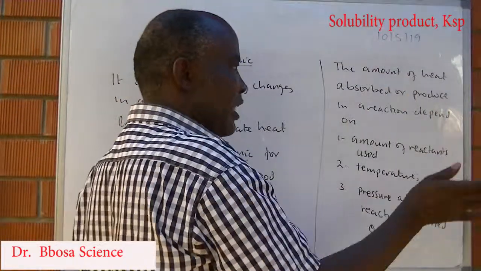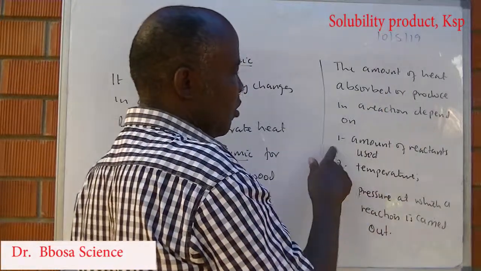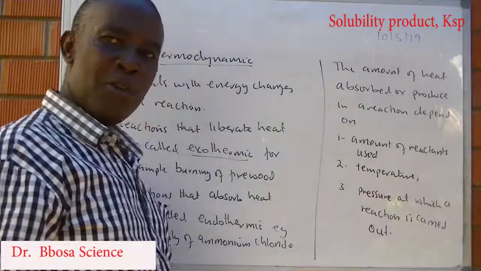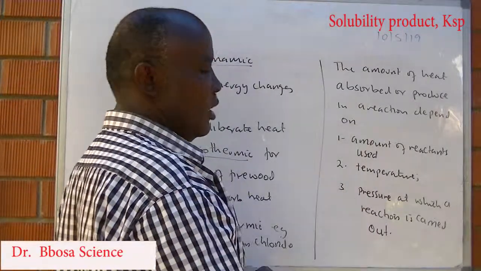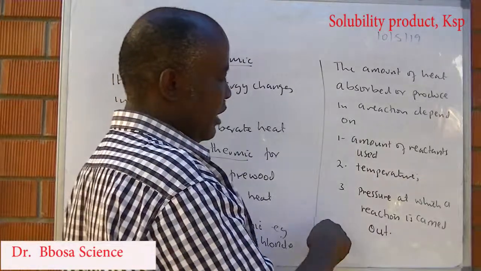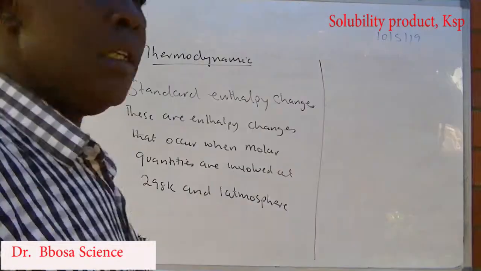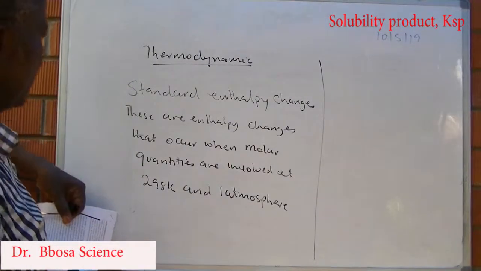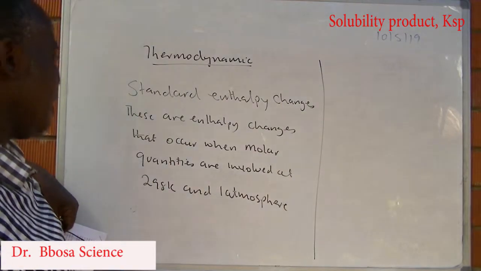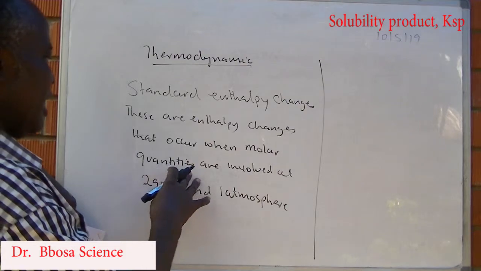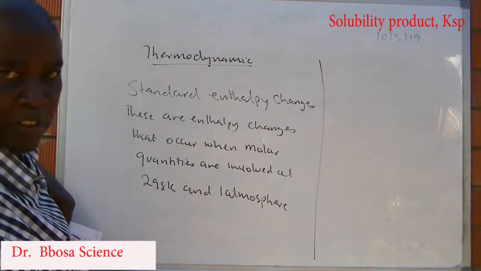The amount of heat absorbed or produced in a reaction depends on 1. Amount of reactants used, 2. Temperature, 3. Pressure at which a reaction is carried out. Standard enthalpy changes. These are enthalpy changes that occur when molar quantities are involved at 298 K and 1 atmosphere.